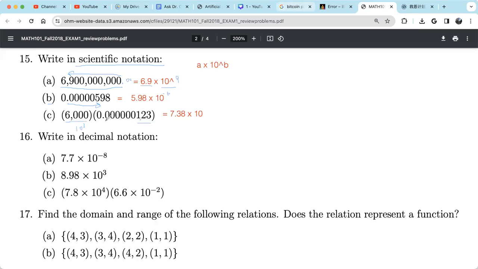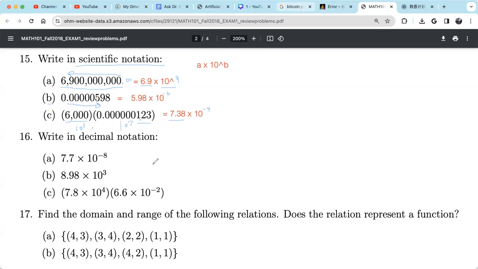So how many places? 1, 2, 3, 4, 5, 6, 7. So that's 10 raised by -7. So this number is 1.23 times 10 raised by -7. So we multiply 1.23 with 6, we get 7.38. Then we have 10 raised by 3 times 10 raised by -7. -7 plus 3, that becomes 10 raised by -4. Okay.